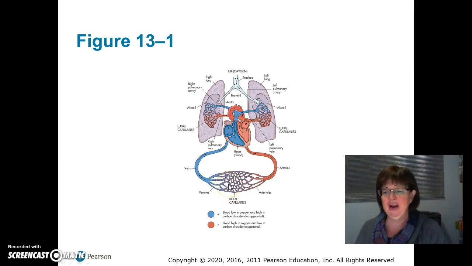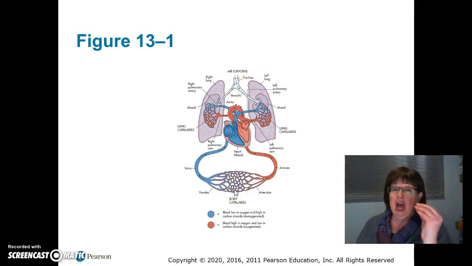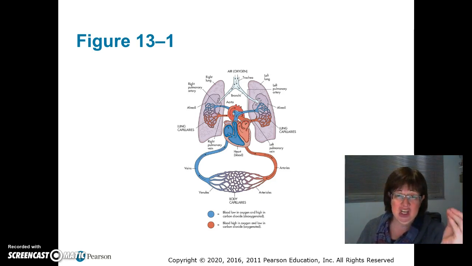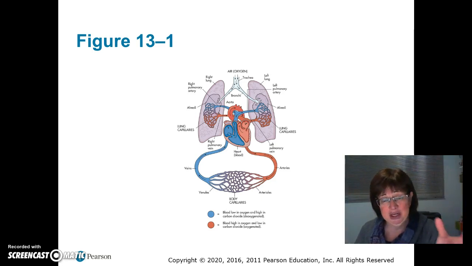Now, in most diagrams, you'll see blue blood as low oxygenated and red blood as oxygenated. Often, arteries and veins are labeled incorrectly or talked about incorrectly. The true definition of an artery is just something that takes blood away.